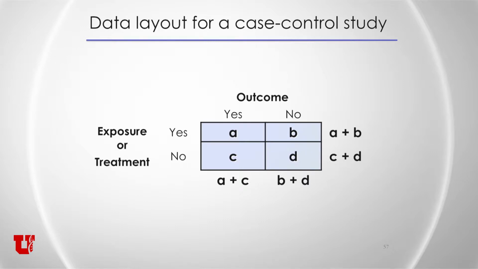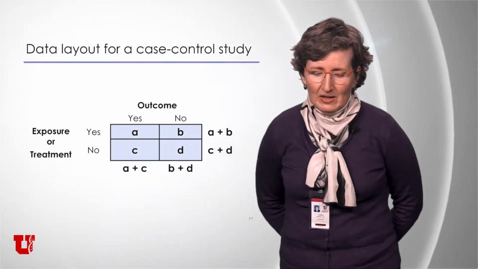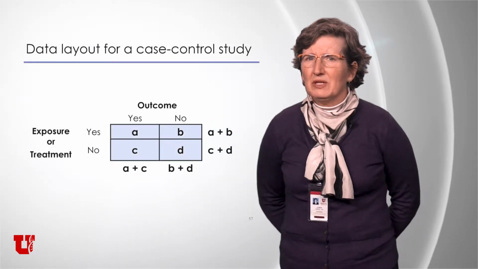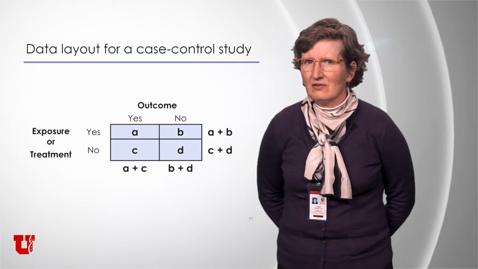Okay, so the data layout for a case control study, we can use this 2x2 table, and it looks very much like the randomized trial or the cohort study. We still have the same 4 possible categories. We have exposed or treated yes, exposed or treated no, outcome yes, outcome no. The difference being that in a case control study, we don't actually know the true incidence of disease.